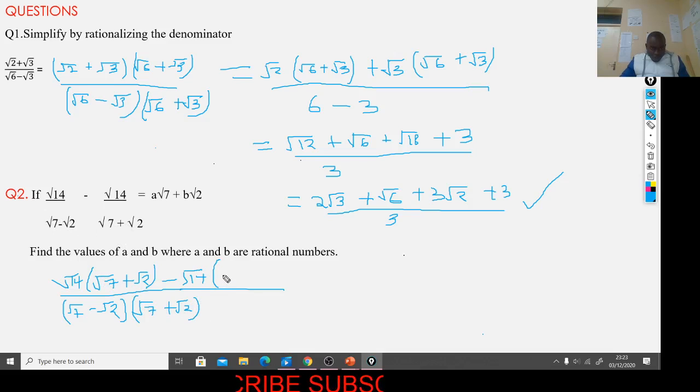So into brackets root of 7 minus root of 2, which is equal to, now we remember this is the difference of 2 squares. This will be 7 minus 2, which is 5.